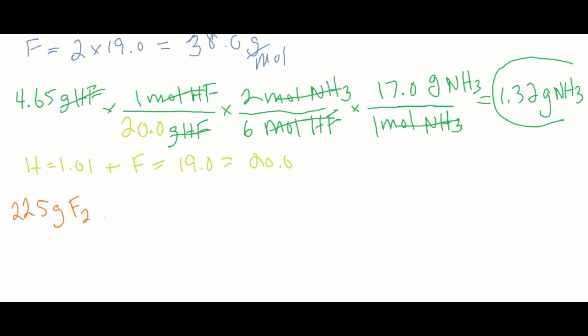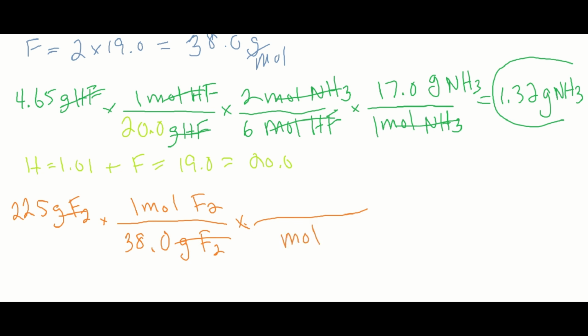Fluorine, we just did that earlier. It's up here, molar mass, 19 times 2, because there's 2 fluorines. Grams is in 1 mole. First step in stoich, convert to moles, because then you can convert to the desired substance.